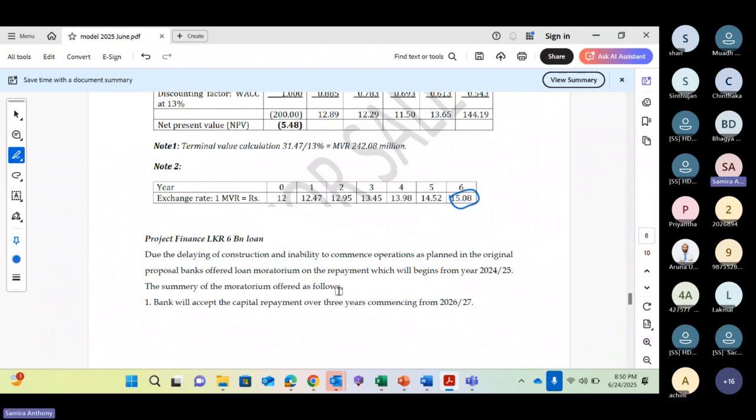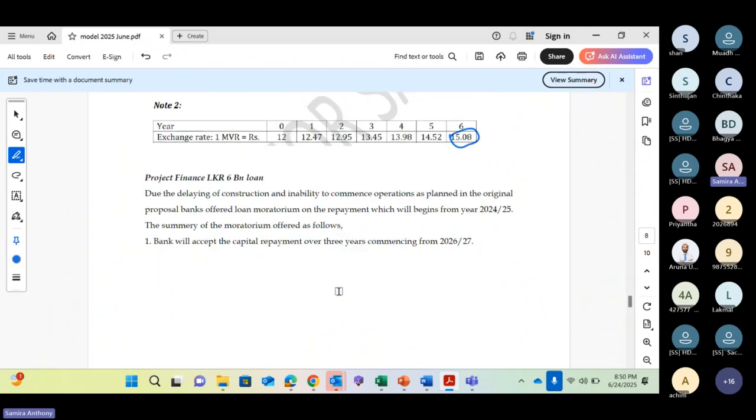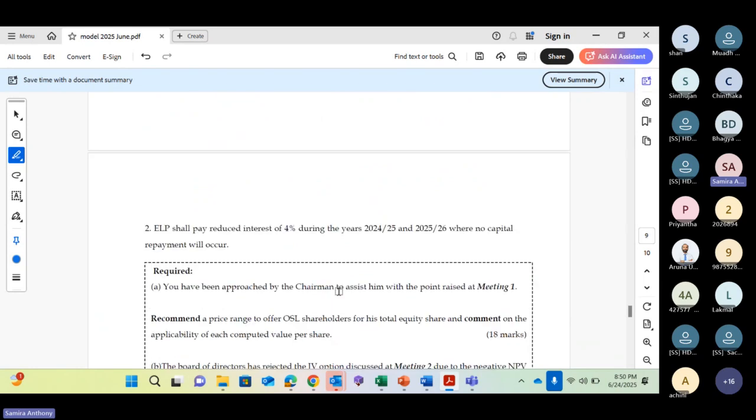The summary of the moratorium is as follows. The bank will accept the capital repayment over 3 years commencing from 26/7. That means after 2 years we have to pay capital repayment, but you have to pay the interest. ELP shall pay a reduced interest of 4% during the first and second years, where no capital repayment will occur.